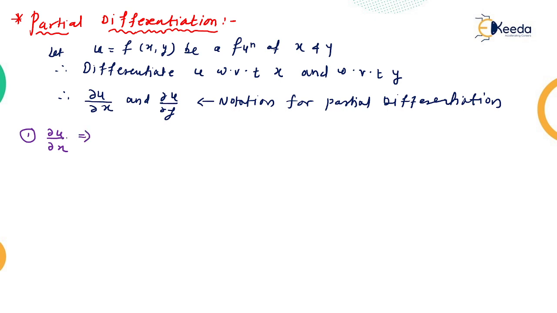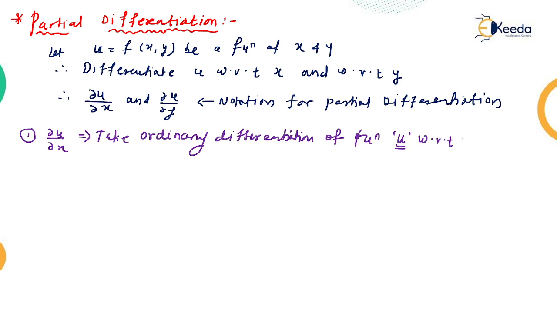We have to take simply the ordinary differentiation of the function u with respect to x, keeping the other variables constant, meaning keeping y as a constant.